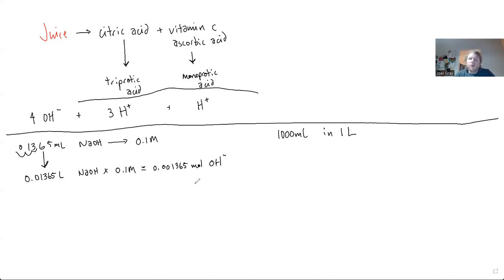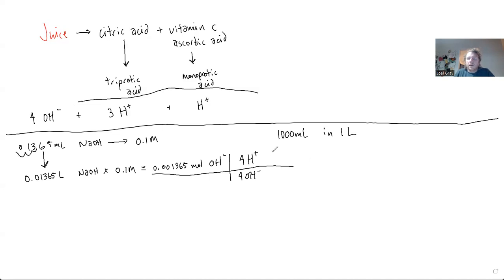Now, if we want to figure out the total amount of acid that we added, total number of moles of acid, we can take this number of moles of hydroxide and, looking at our ratio, there are 4 hydroxide ions for neutralizing 4 hydrogen ions.